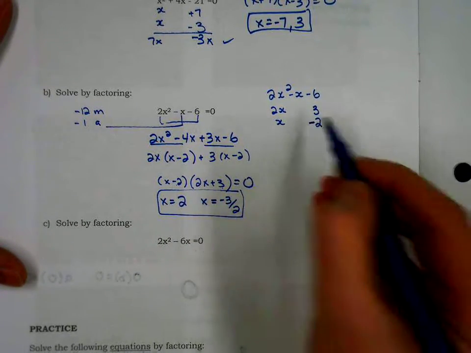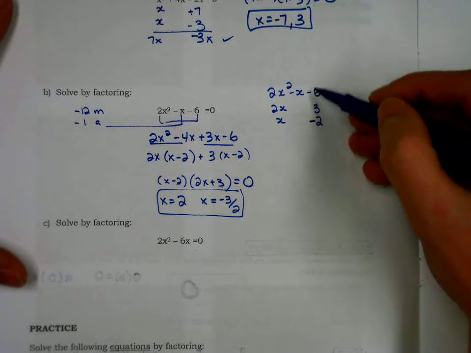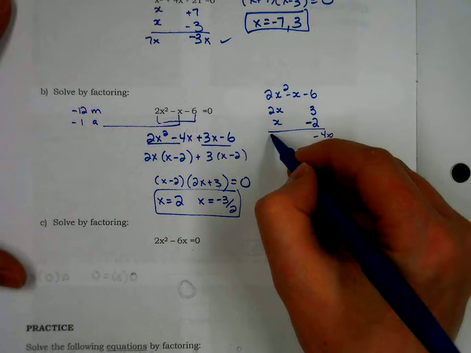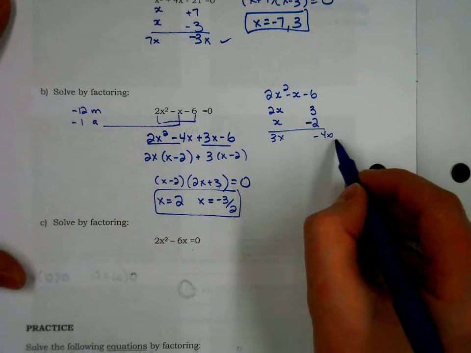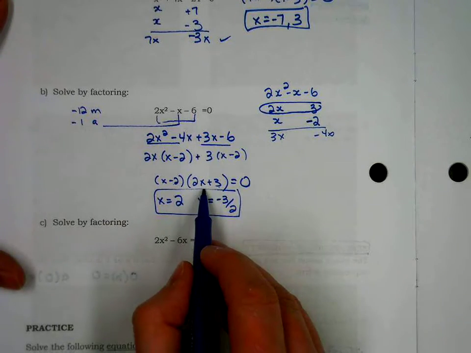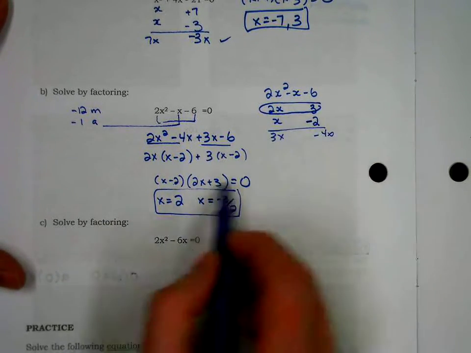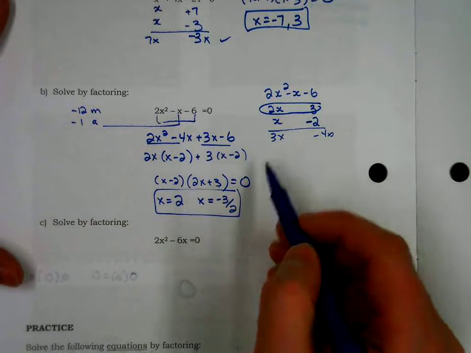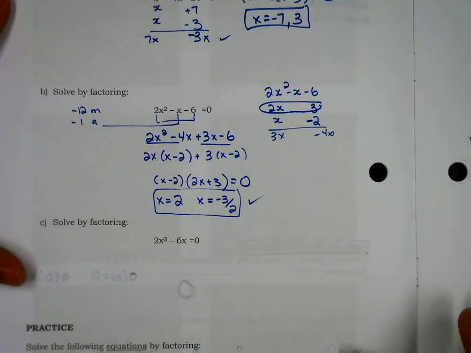And if I put the negative on the 2, because I know that this has to be negative, I can say there's a negative 4x, positive 3x, and that will combine to make our negative x. So 2x plus 3, 2x plus 3. X minus 2, x minus 2. And you'd end up with the same factors, the same result.